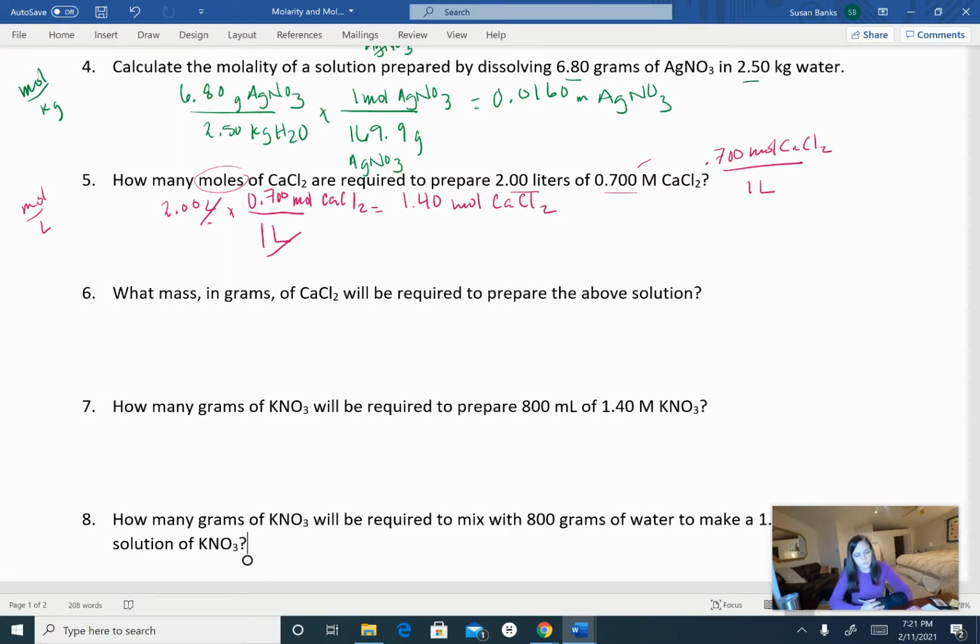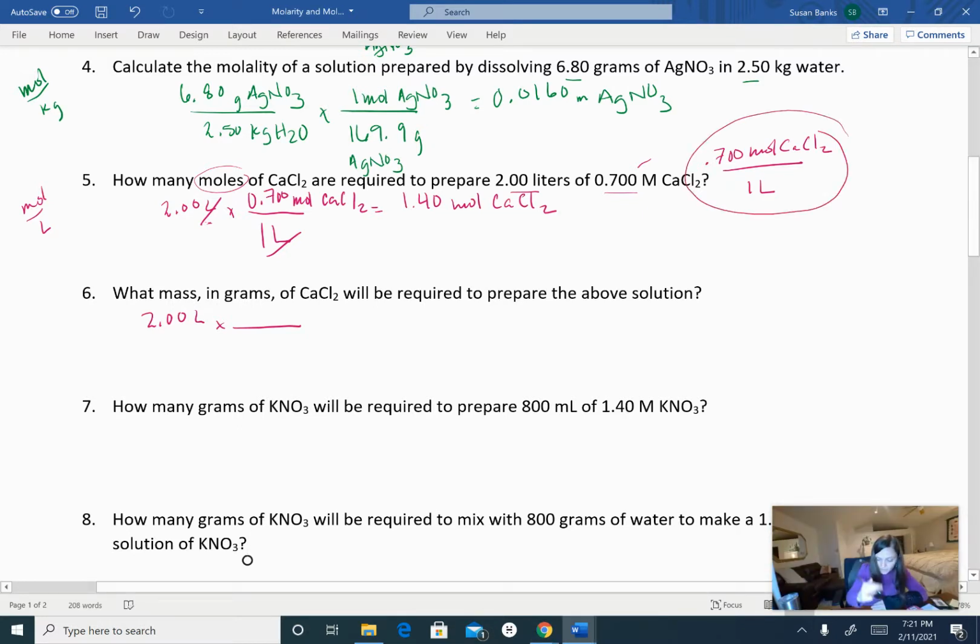Okay, so let's continue on with that same idea. What if I wanted to actually get it into grams? Could I get those moles of calcium chloride into grams? Could I do it all in one big problem altogether? So I'm going to start once again with my 2 liters of solution. I'm going to use that concentration to cancel out my units of liters.